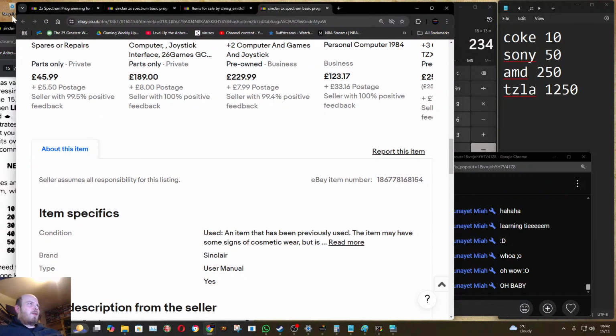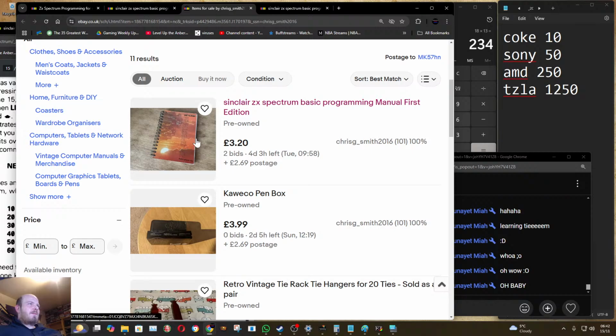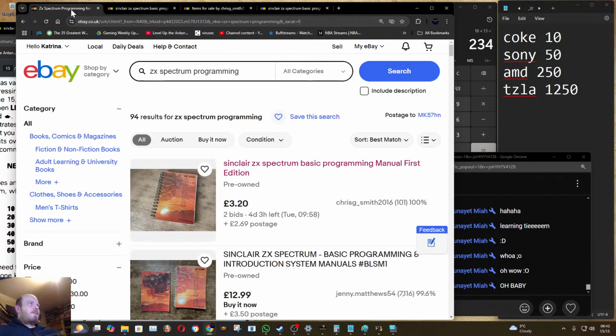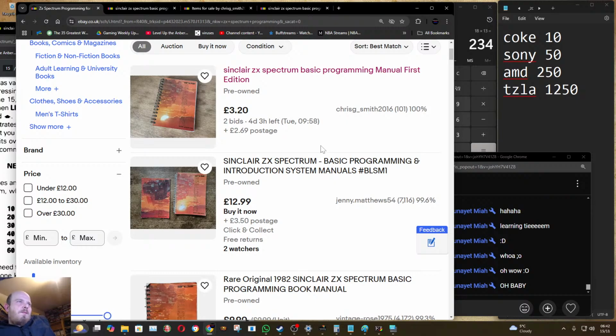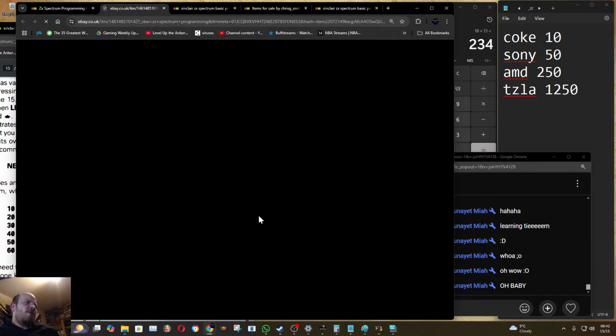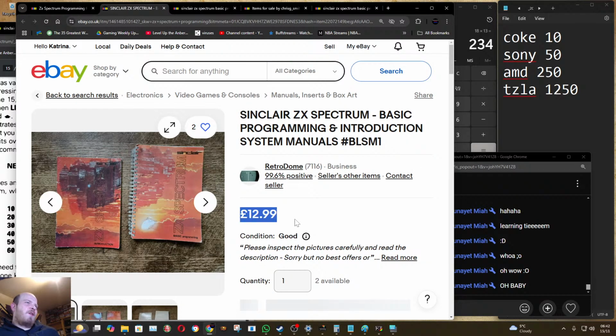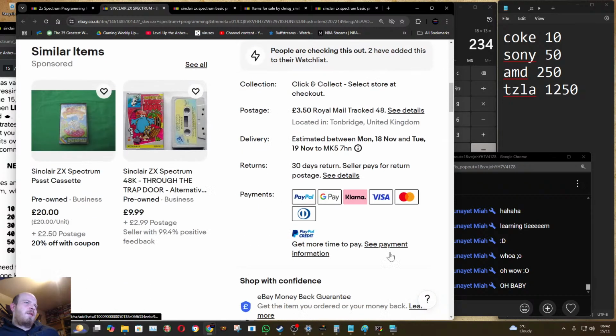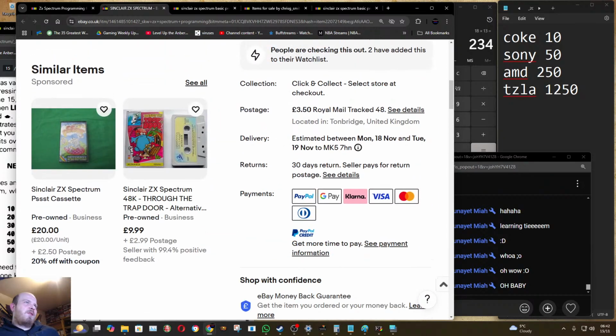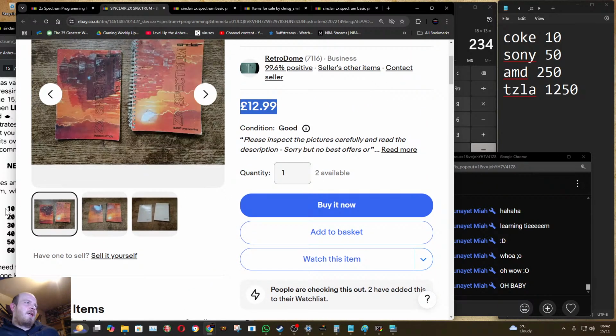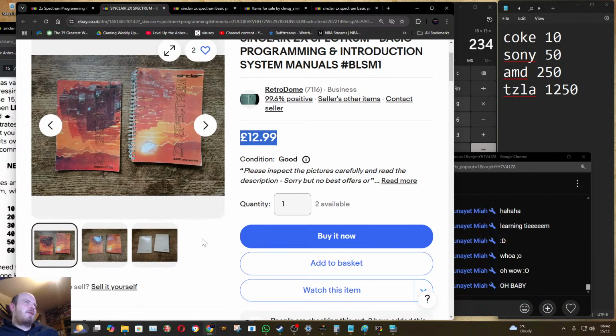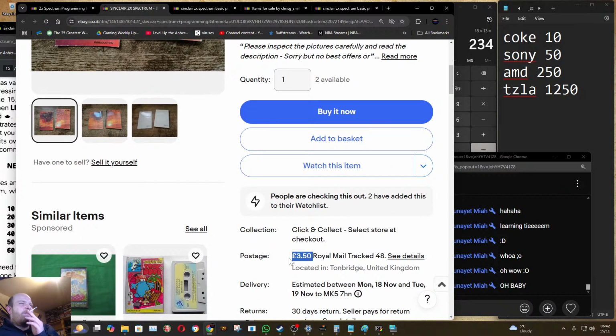This book is older than me, right? But these original 2 books I could get for $12.99. No best offers. And there's 2 available. Or is there 2 sets, right? But they're doing $3.50 for postage.